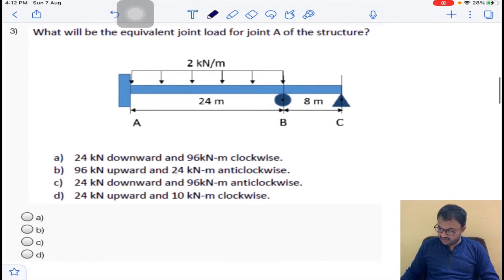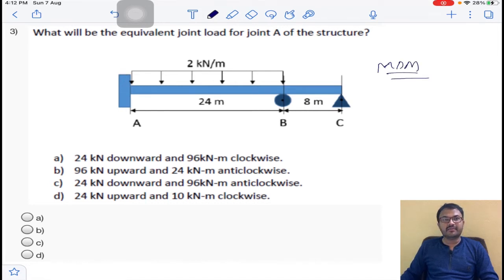Now this is one of the questions I have given, but I didn't get any proper answer. What will be the equivalent load at joint A? So he asked us to calculate the equivalent load. I am going to solve this by the moment distribution method, MDM. First of all, we need to calculate the distribution factor.